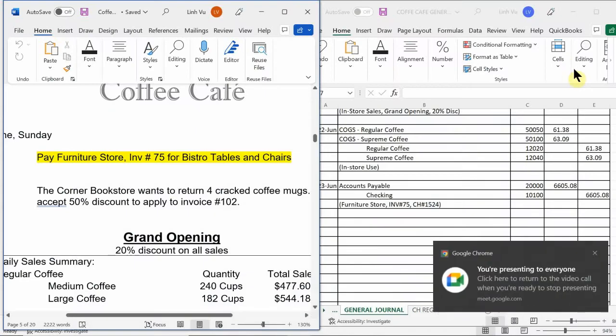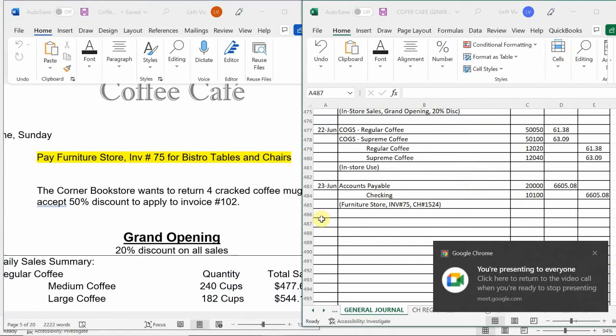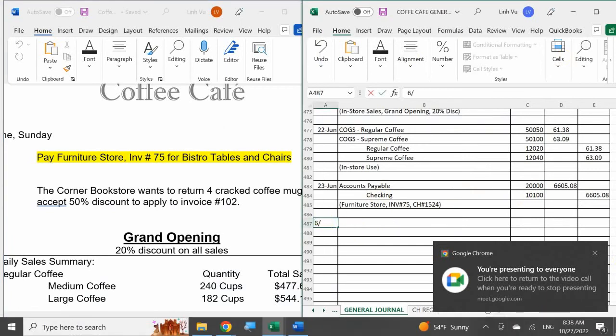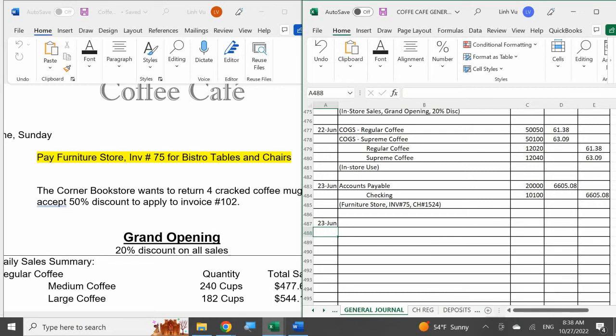So what do you think we need to do here? The corner bookstore is trying to return 4 cracked mugs, but is willing to accept 50% off and have that credit applied to his invoice 102.